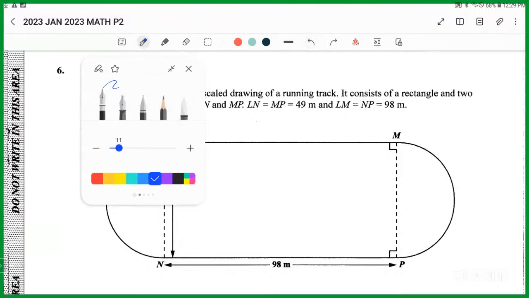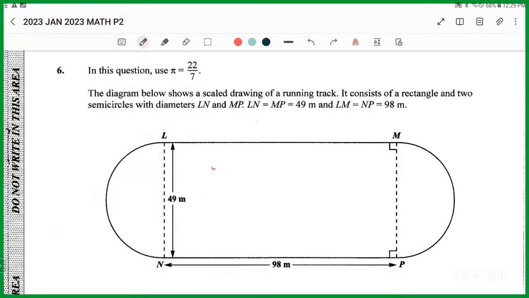So let's work out the radius. The radius is 49/2. I would tend to work in radius. 49/2 is the radius, which is 24.5.